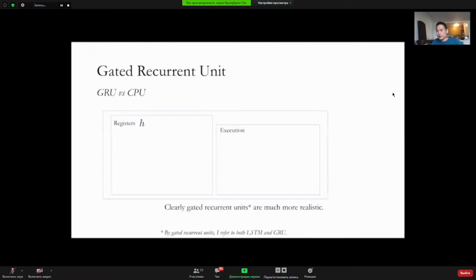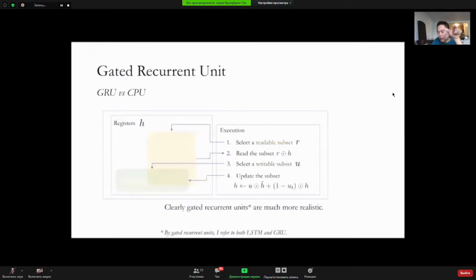On the other hand, if you look at this gated recurrent unit or LSTM in general, this operates in a much more similar way to a CPU. It's going to first select a readable subset R based on the reset gate, and then it does the computation based only on that subset that has been read, and then the result is going to be written to this writable subset that was selected by the update gate.